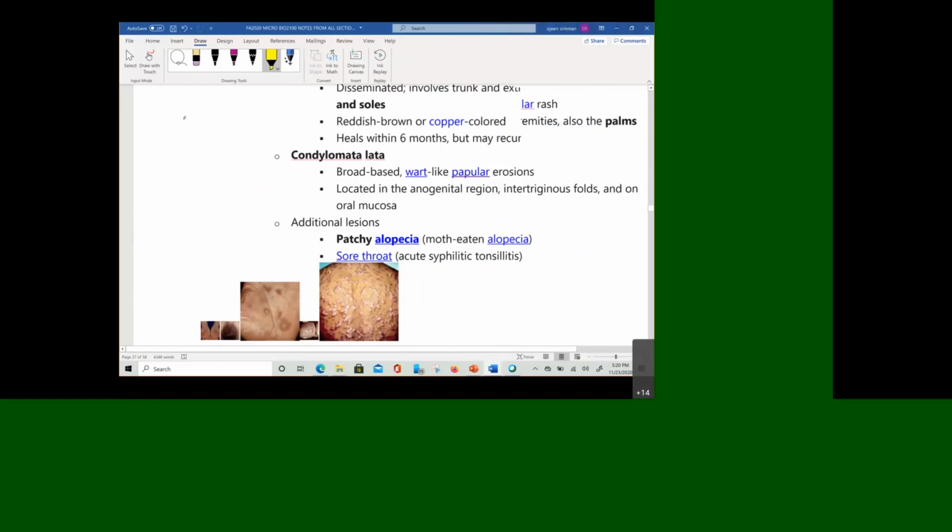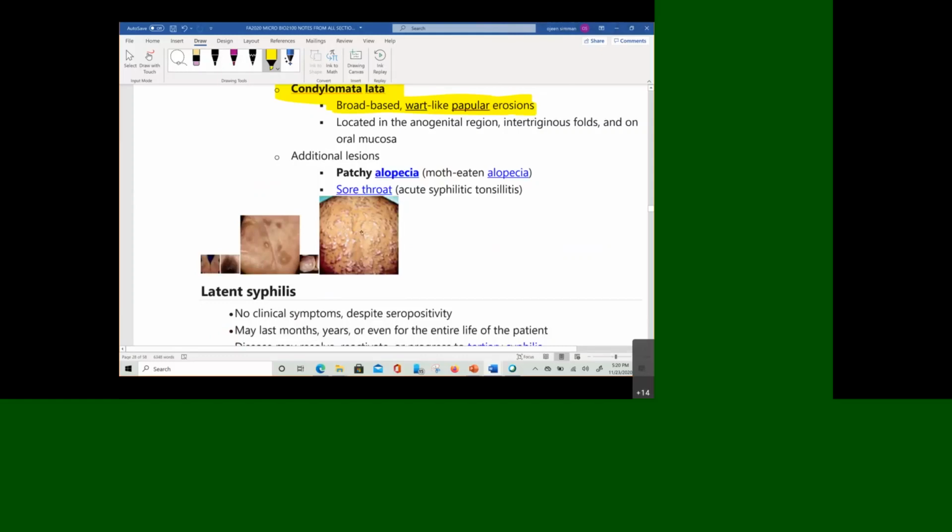This is a specific wart-like papular rash, a broad-based wart-like papular rash. Papular means raised rash, most commonly found in the anogenital region, and sometimes on the back. You could see it right here. These are wart-like lesions.